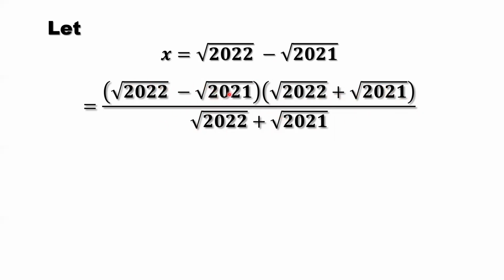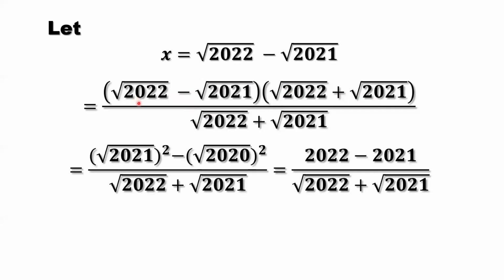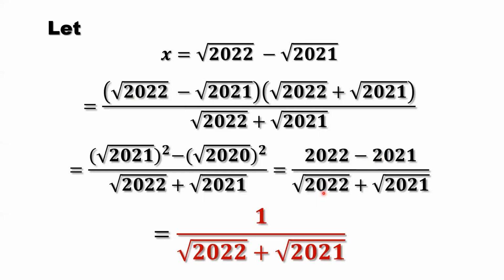So a minus b times a plus b equals a squared minus b squared. That's the numerator: 2022 minus 2021. Two consecutive numbers, what's the difference? It is 1. That's the result for x after we simplify it.